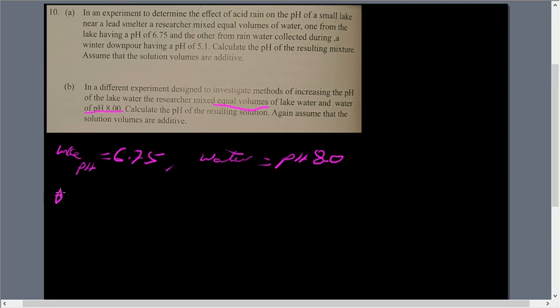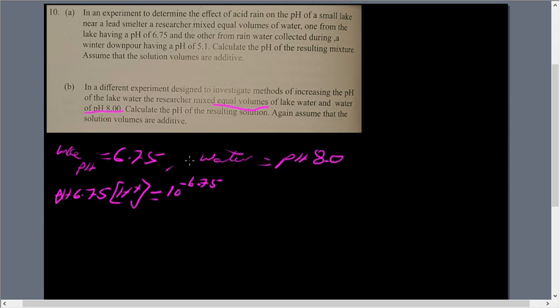pH 6.75, the H plus concentration, really you can see that from the last one that you did, will give you 10 to the minus 6.75.